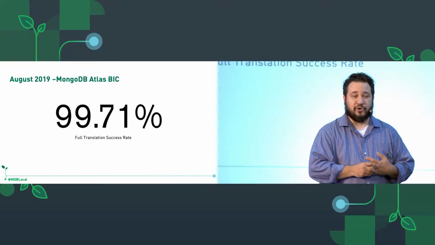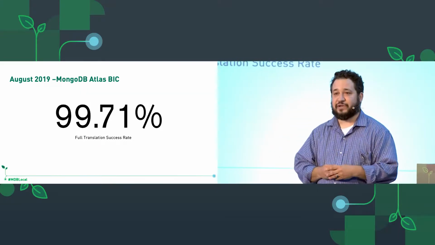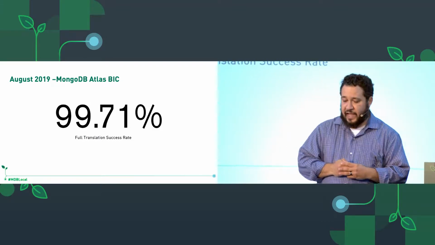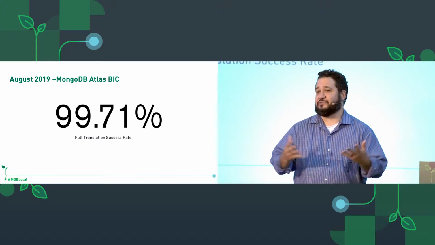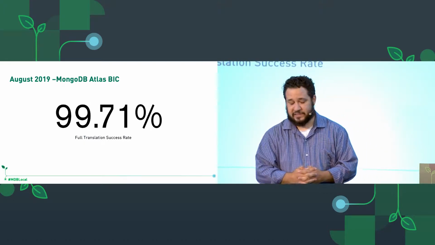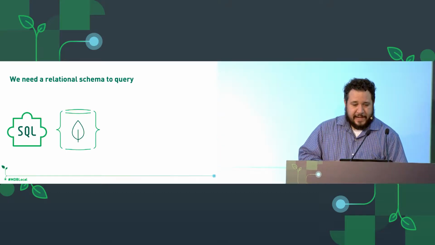So we're pretty confident at this point that we know what we're doing in terms of translating between SQL and MQL. And so it's not surprising that we have happy customers, and we've seen our adoption really skyrocket. So it's very exciting for us.